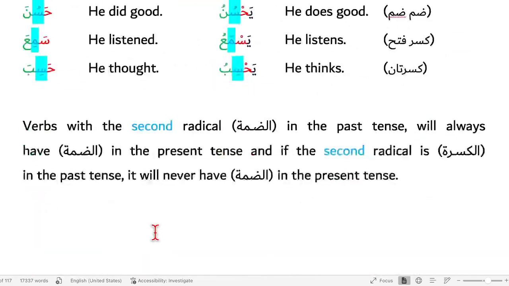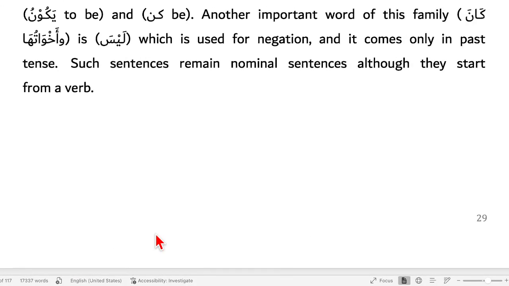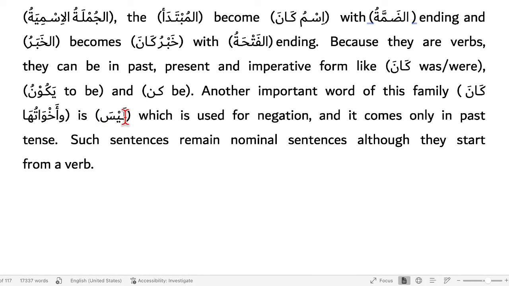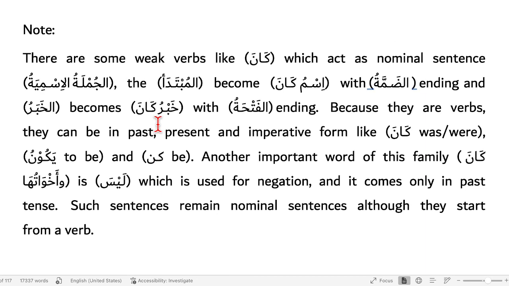So laysa is used for negation, and it comes only in the past tense. These sentences will come as nominal sentences, although they start with a verb. I hope that is enough for today, and I'm going to stop here.